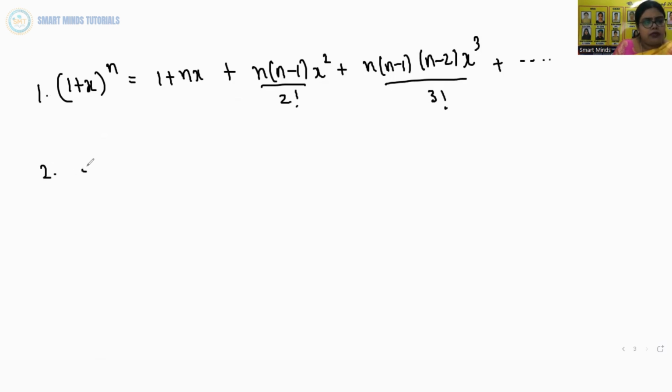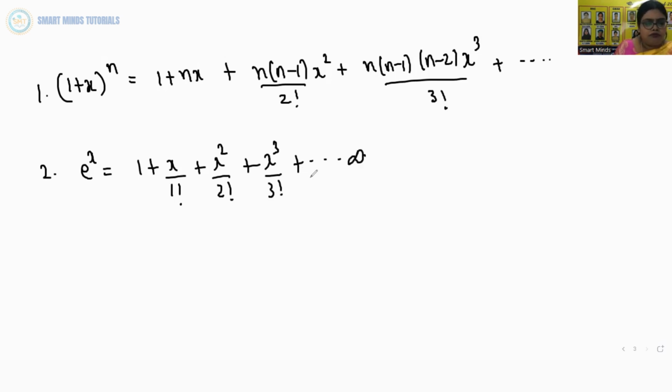The second one is e power x is 1 plus x by 1 factorial plus x square by 2 factorial plus x cube by 3 factorial plus so on up to infinity. And e power minus x has alternate plus and minus signs: 1 minus x by 1 factorial plus x square by 2 factorial minus x cube by 3 factorial plus so on.